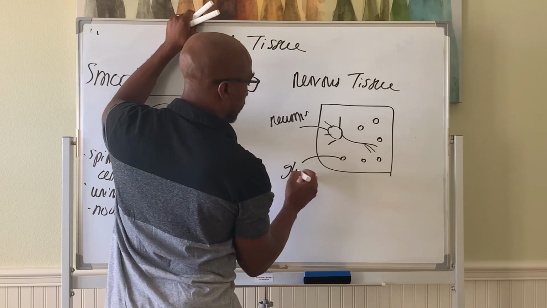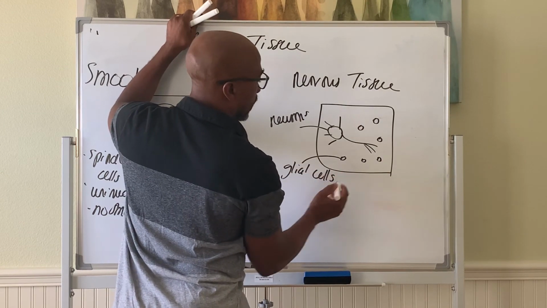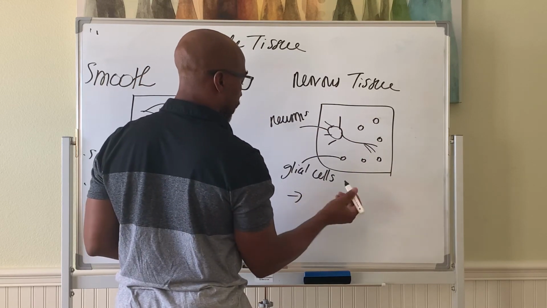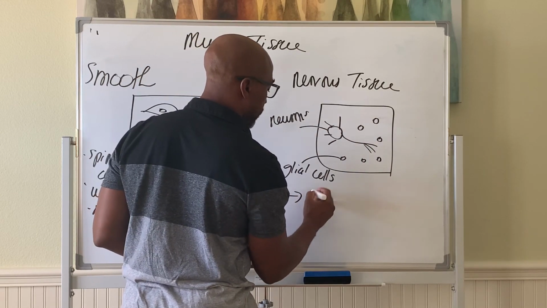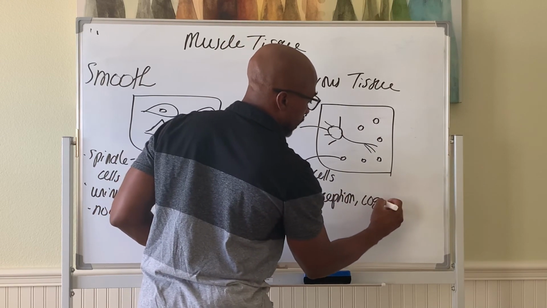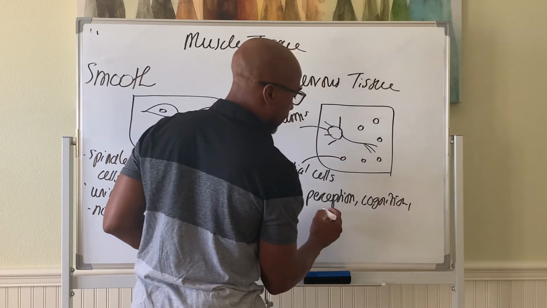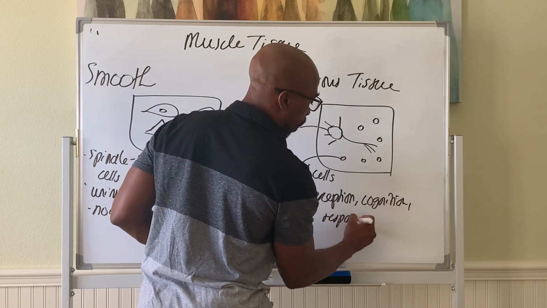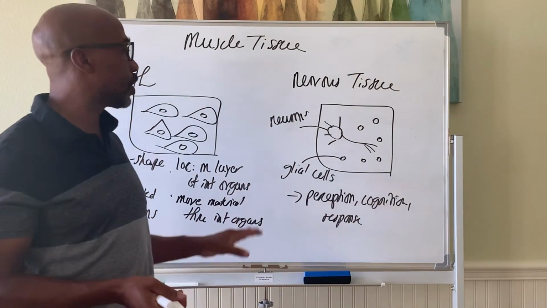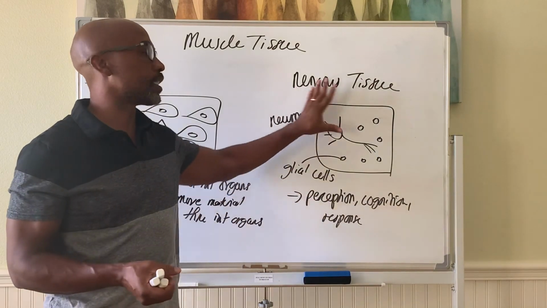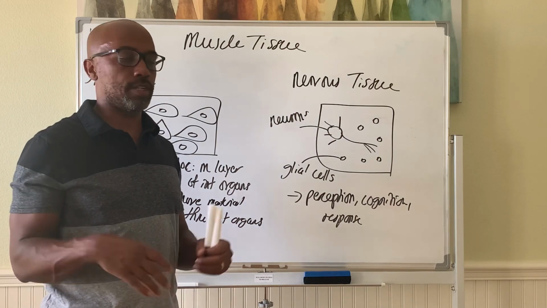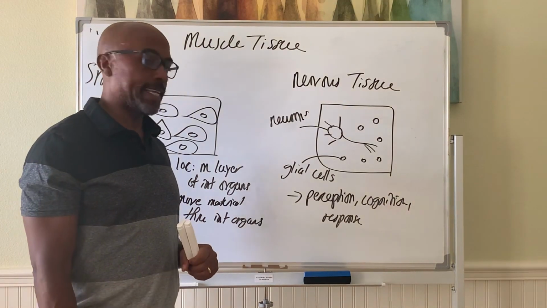So glial cells support your neurons. So collectively, the nervous tissue's job is awareness, perception, cognition, response. All the things you do that make you you, your sense of identity, all of those things are made possible because of how the nervous tissue works inside of your brain and spinal cord and your sensory organs. Okay, that's it. Thank you.